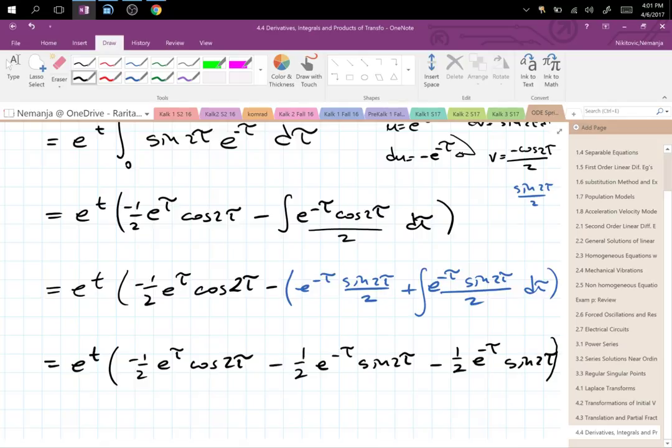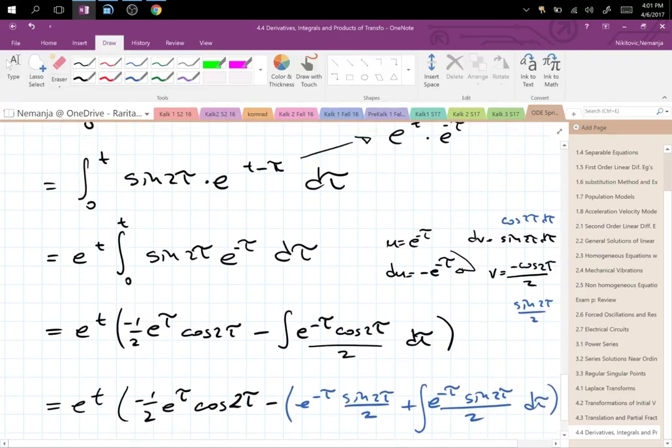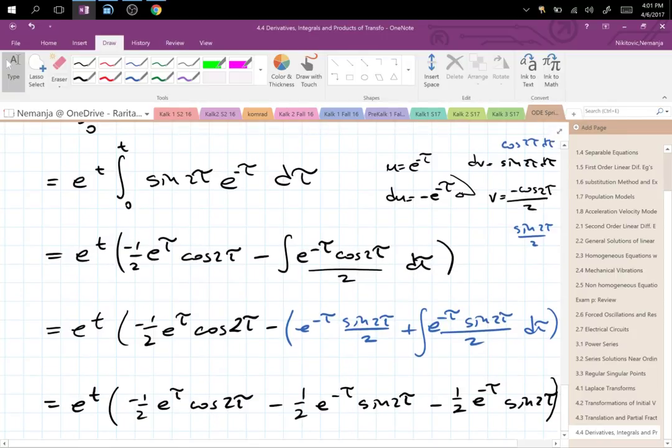You think there is an additional half? When I do the, you see e to the negative tau sine 2 tau over 4. Why over 4 when the integral up there doesn't have it at all? When I do, there's over 2, right?